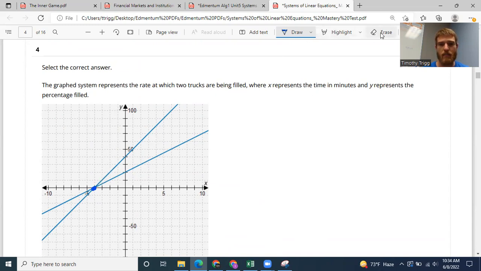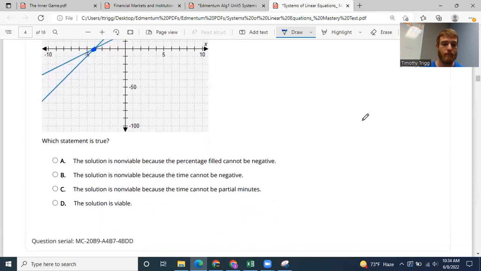They actually cross at an interesting point, don't they? They cross at (-4, 0). So -4 is the x, and x represents the time in minutes. So it's saying -4 minutes. Okay, that seems weird, right? That's part of the reason why this is not a viable solution, because can you have -4 minutes?